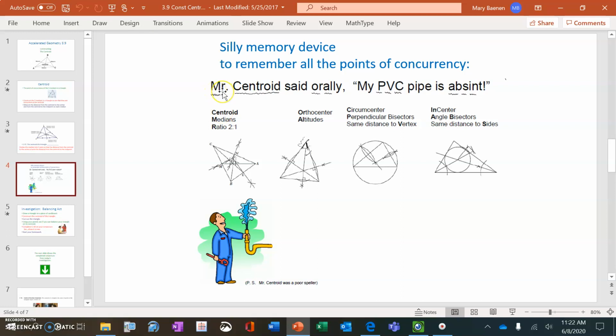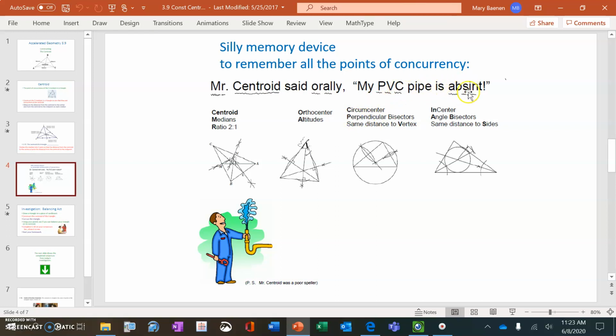Medians, ratio 2 to 1 in a centroid. He said orally. OR stands for orthocenter, AL made by altitudes. My PVC pipe, okay, P is perpendicular bisectors, V same distance to each vertex, and C circumcenter.